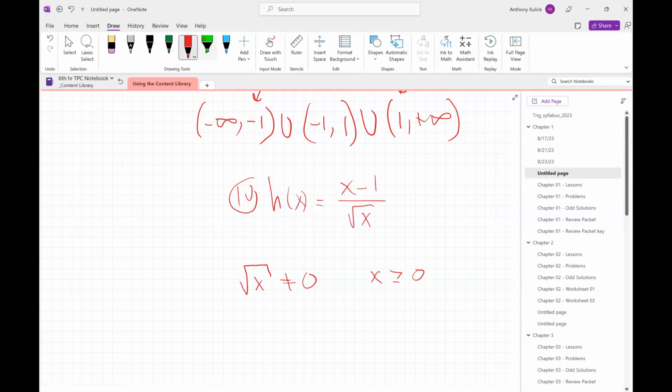That's okay. Now, if both these two things have to be true, if x can't be 0, but it needs to be greater than or equal to 0, that's really just greater than 0, right? So when you said it can be 0, well, the square root part can be 0, that's fine, but because it's in the denominator, we can't have the 0 there.